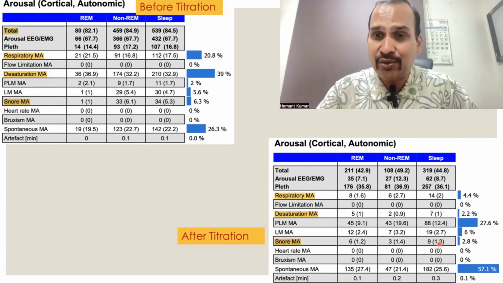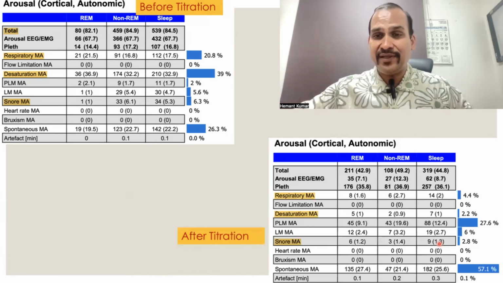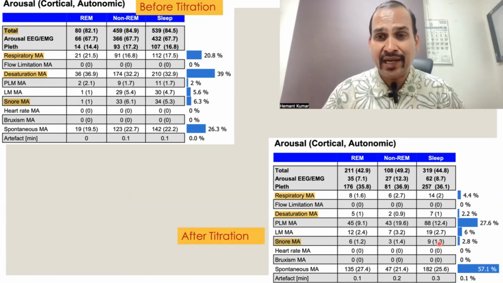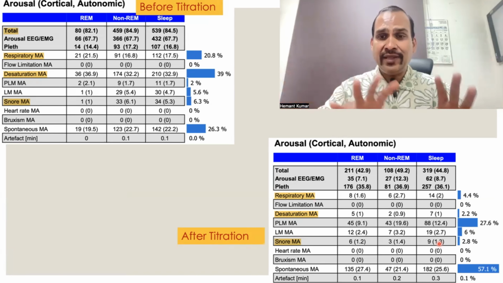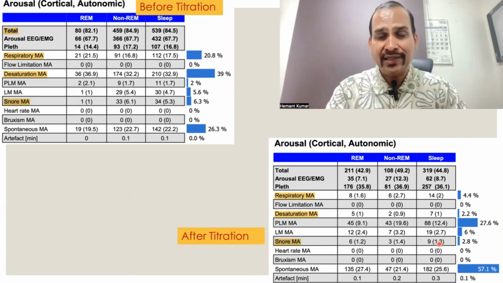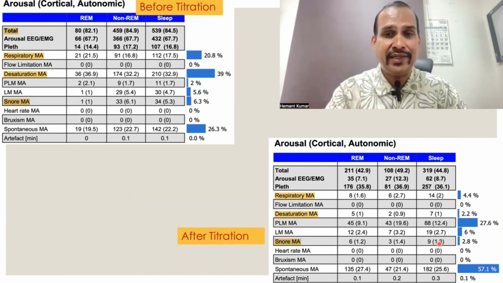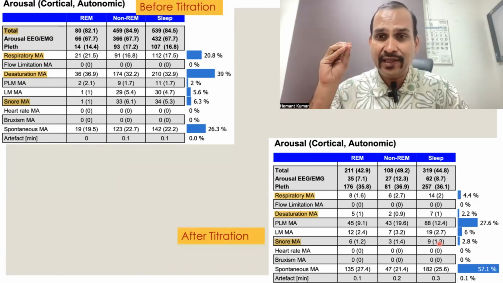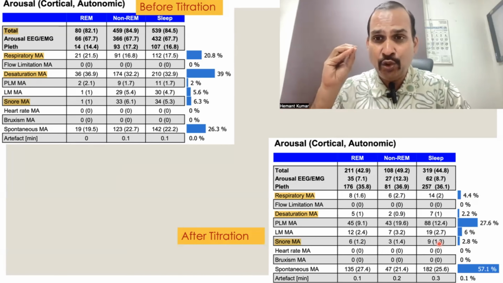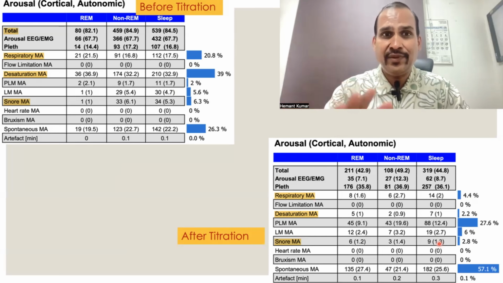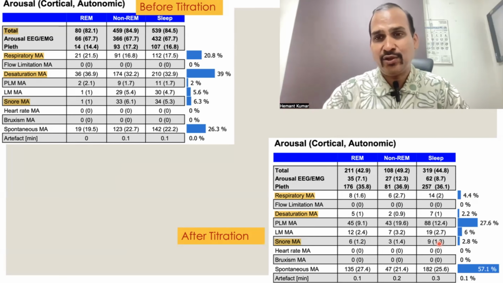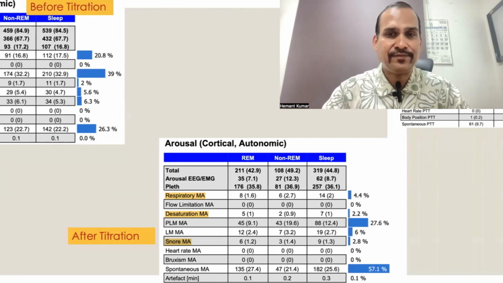Marked reduction in arousal. Patient is sleeping very comfortably and not getting up at night. Once he gets sound sleep at night, the patient will be very comfortable and very alert in the daytime. There's no daytime sleepiness once there is reduction in arousals. So marked improvement in this patient.